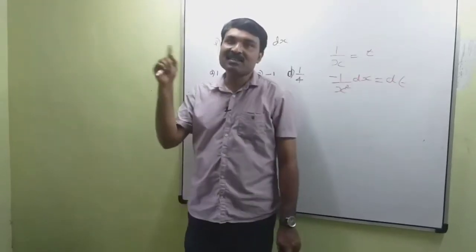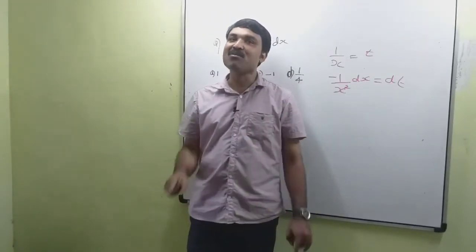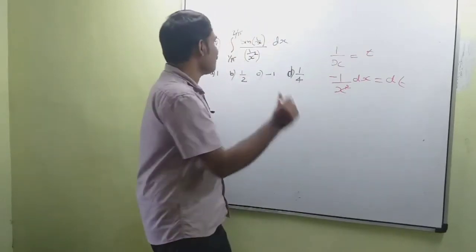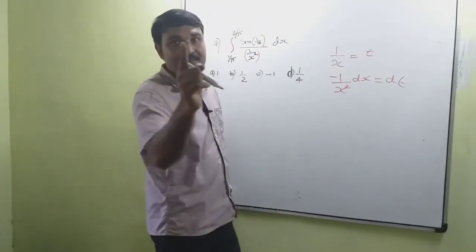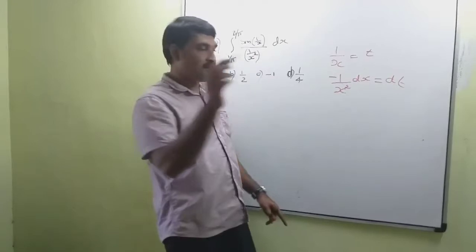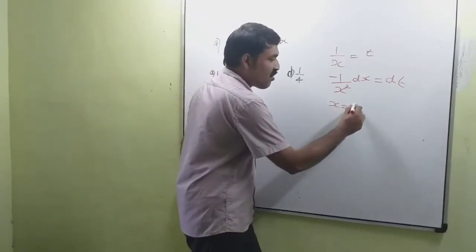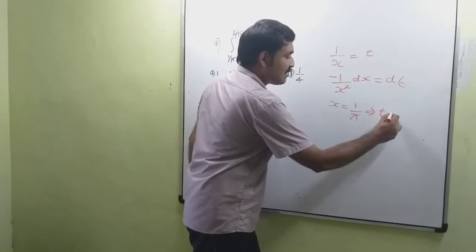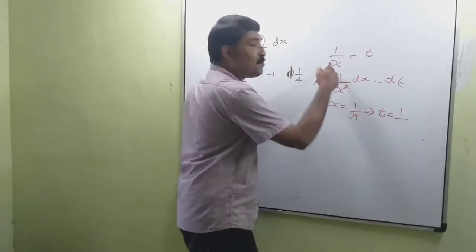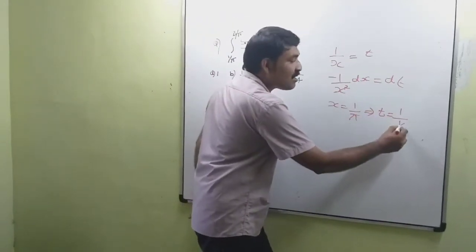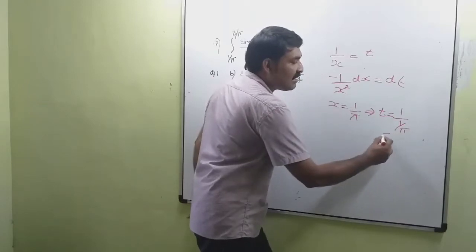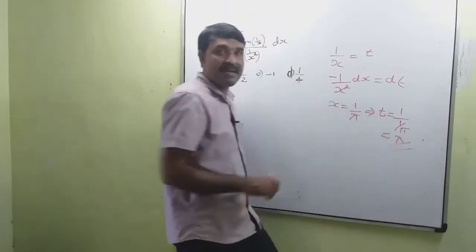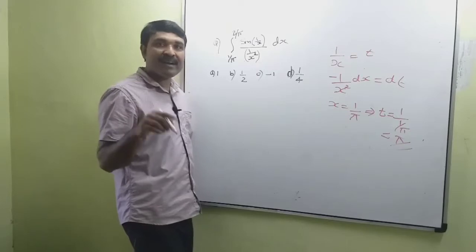Now the next step is to change the limits of integration. When x is equal to 1 by pi, what is the value of t? t is equal to 1 divided by x, that is 1 divided by 1 by pi, which is equal to pi. Now what is the upper limit?